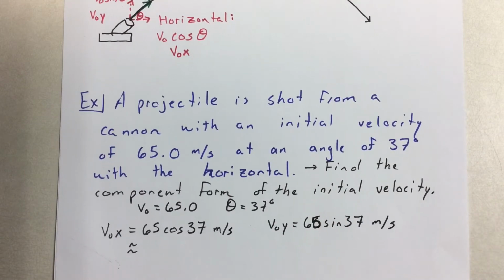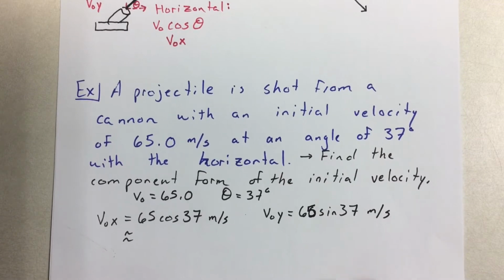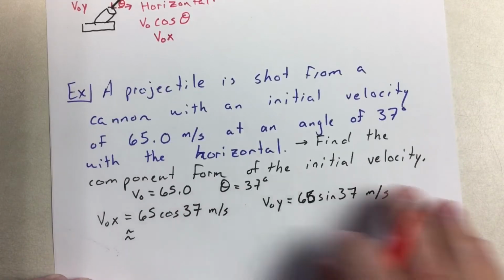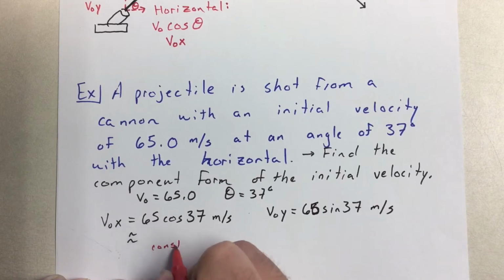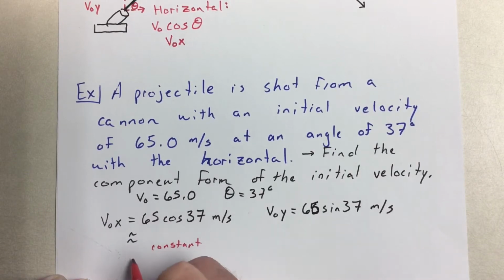So the whole way through the motion, as the projectile is moving, the horizontal velocity is constant. Okay, I'm going to make a little note here of that. So the horizontal velocity is constant throughout the motion.